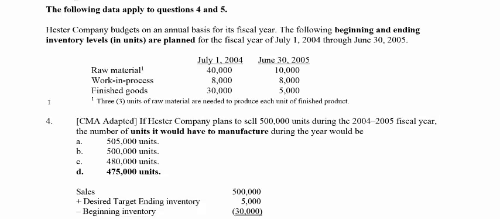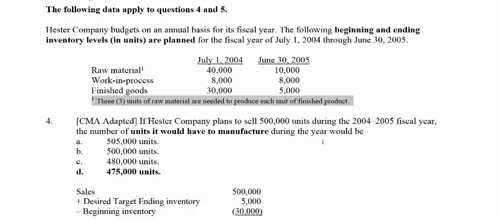Now they also have an additional little caveat here. 3 units of raw material are needed to produce each unit of finished product. Everybody needs to imagine a tricycle, if you will. 3 little tires are needed for each tricycle that would be manufactured.